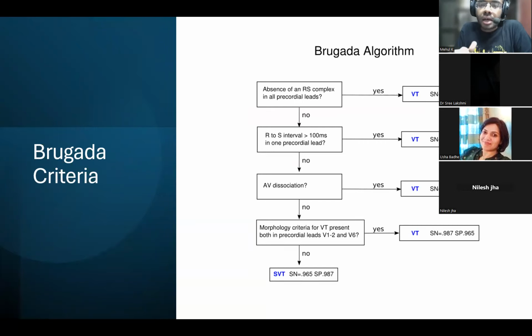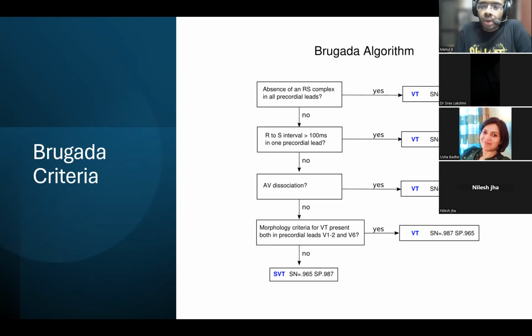Then you look at the R to S interval, onset of R to the nadir of S, whether that is prolonged, and by prolonged you mean more than 2.5 small squares or 100 milliseconds. Next you look for whether there are features of AV dissociation, and finally you look at the morphological criteria. The initial study which looked at it had very, very high sensitivity and specificity. The later studies that looked at it didn't have that good results. So that is a disclaimer for this.